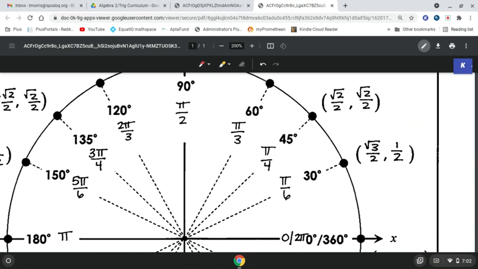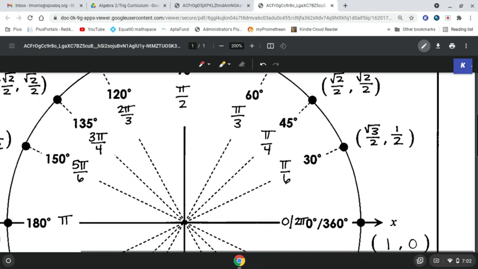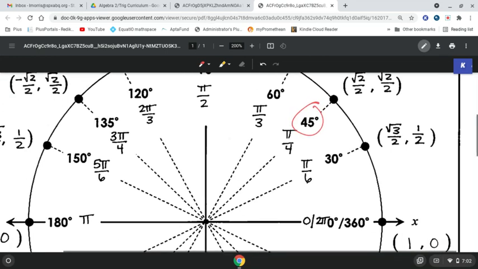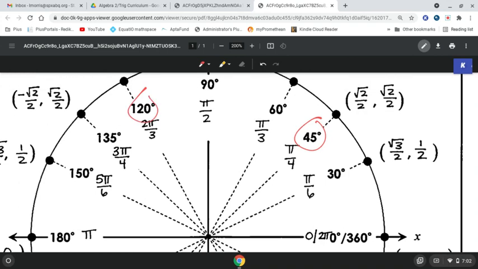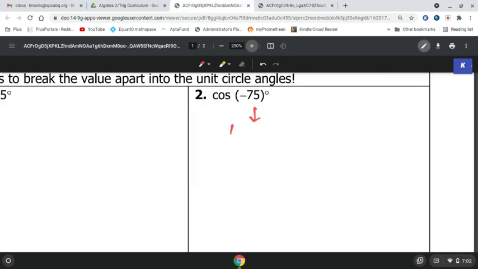So if we want to use two numbers, we could use 45 and 120, I believe. Yeah. Because 45 minus 120 is going to be negative 75. And then we're just going to bring down cosine.